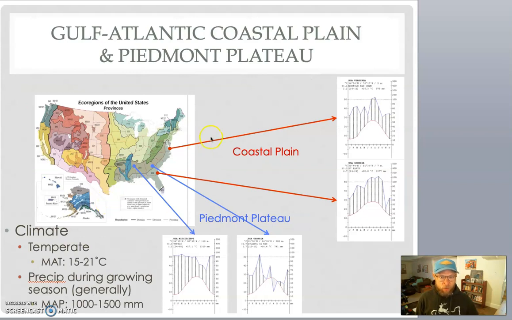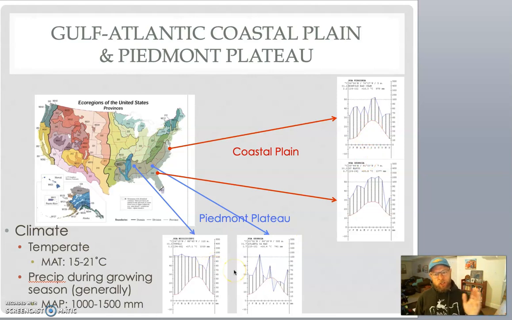The climate in the region, here are just a few examples. What I really want to point out here is the transition from a uniform precip distribution, or definitely summer dominated precip. These two on the right show coastal plain climate diagrams.